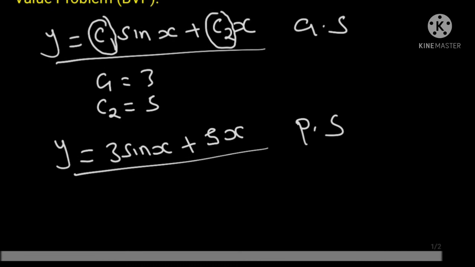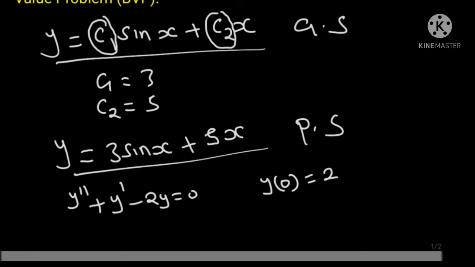Now, suppose we have y double prime plus y prime minus 2y equals 0. Then we have y of 0 equals 2, and y prime of 0 equals 7.